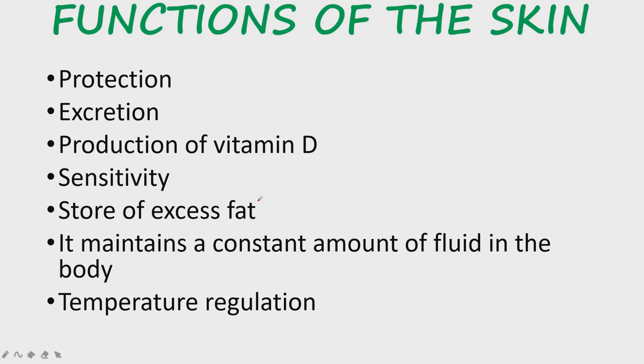Remember that the two processes are vasodilation and vasoconstriction. Vasodilation is the enlargement of the blood capillaries of the skin. While vasoconstriction is the constriction, whereby the blood vessel will become smaller.